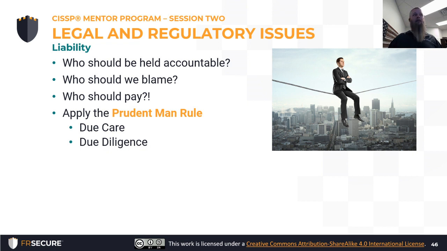We apply that prudent man rule, the due care and due diligence. What would a prudent person do? If I fall below, that'll establish some sort of a gray dotted line, right? The prudent man rule. If I fall below that line, I'm negligent or liable. That's where liability sort of lies, as long as I stay above that line.